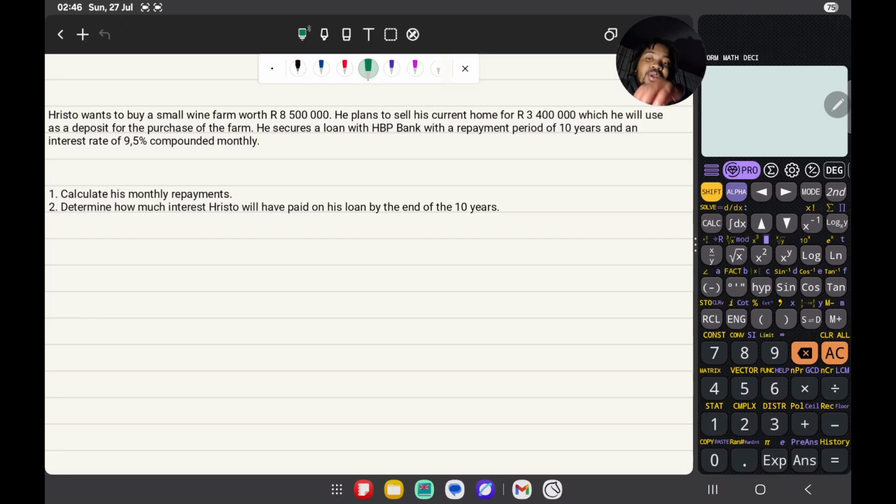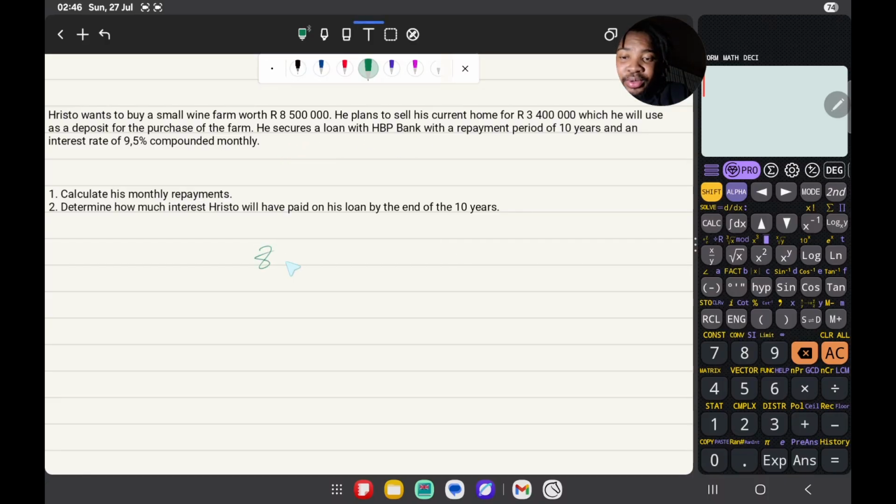So remember, now we're calculating the monthly repayment. Our guy wants to buy this, but he has this and he uses it for the deposit. With the remaining amount, he takes a loan from this bank.